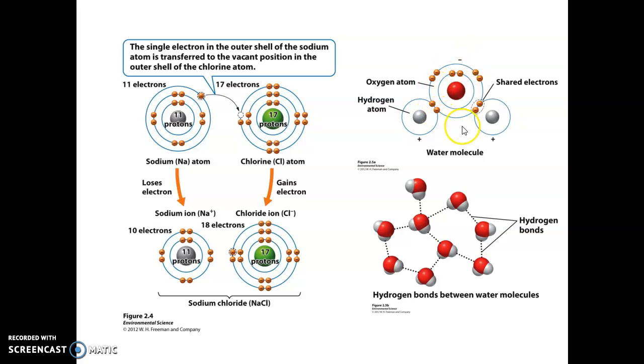Now, if we put this water molecule together with other water molecules, the slight positive charge here on the hydrogen is attracted to the slight negative charge on the oxygen. And the slight negative charge on this oxygen also attracts the slight positive charge on this hydrogen.